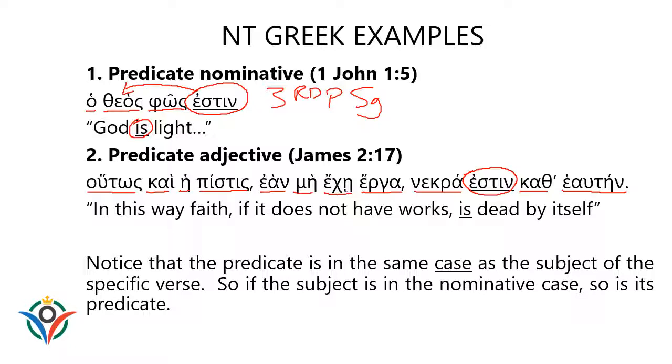The reason is because it agrees with the subject, which is he pistis, in person and number. So we would translate this in this way: faith, if it does not have works, is dead by itself. So there, dead is an adjective that is modifying faith, and therefore it is called the predicate adjective.